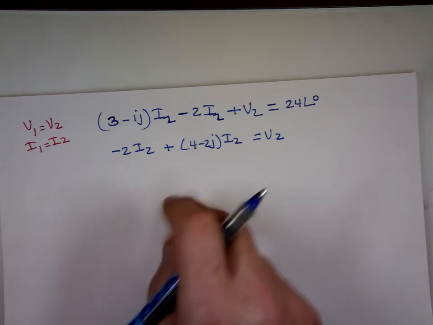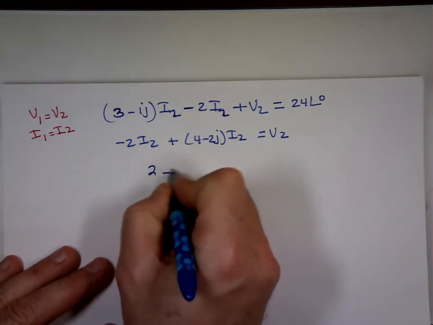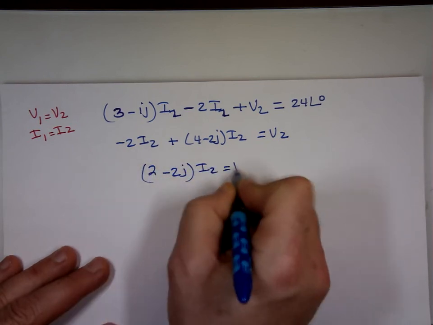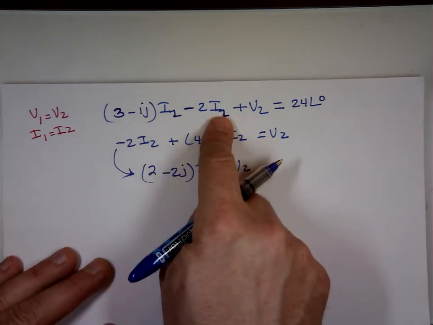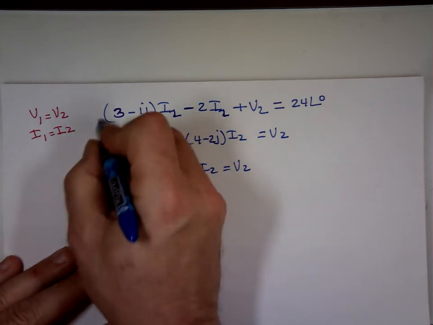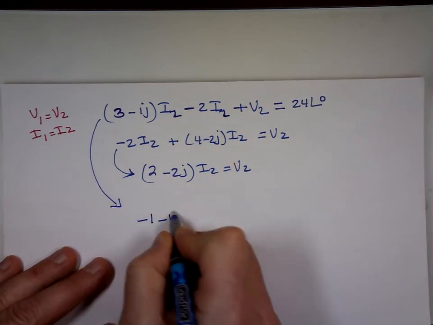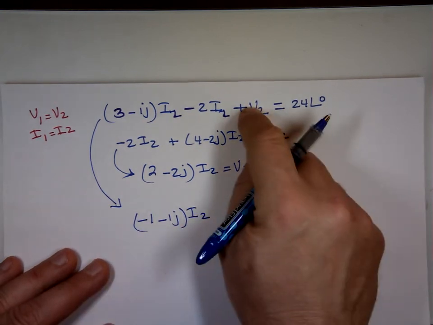This will give me 2 minus 2j I sub 2 equals V2. That's this equation. Now go to the top equation. 3 minus 2, which is negative 1, minus 1j I sub 2 plus V2. I will combine this with that.